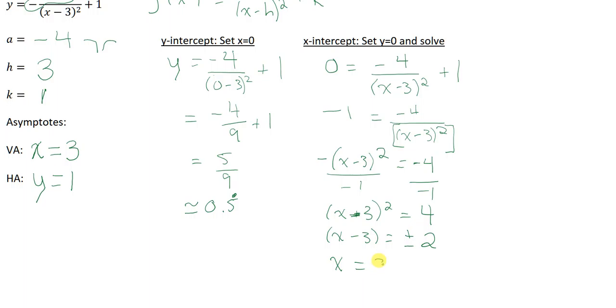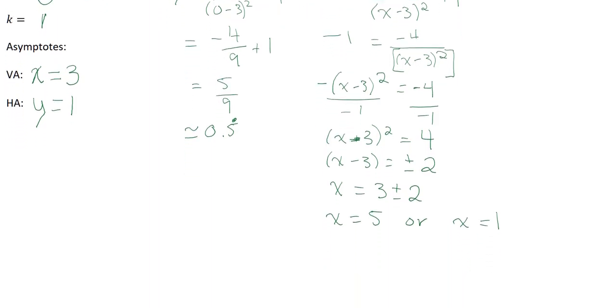Adding 3 over, I get 3 plus or minus 2, so I get that x can be 5, or x can be 1. Okay? So I've got really all I need now. So I've got my asymptotes, y-intercept, and both x-intercepts. So now at this point we can start putting all of that on the graph.